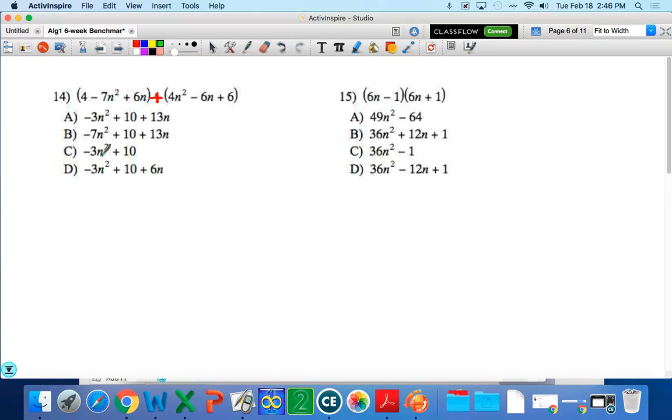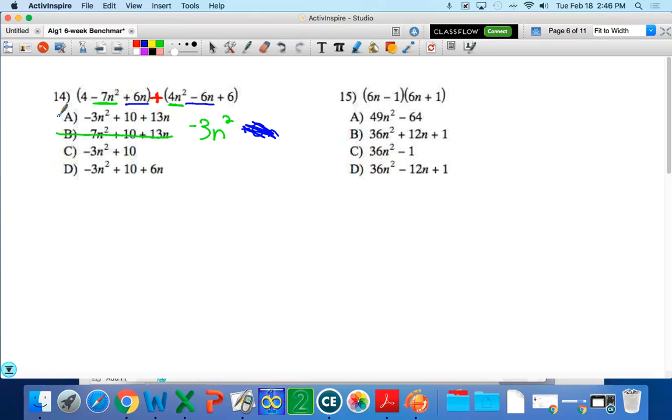Okay, I see these are all in descending order, so I'm going to start with the n squared. -7 and +4 make -3n squared. Go on. +6n and -6n make 0n, which means that's completely out of here.